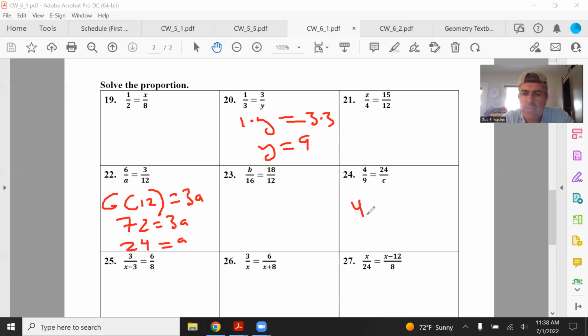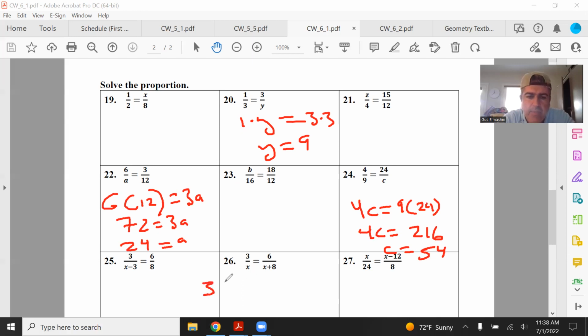Here 4c equals that. You get 216. You get 54. And then lastly for 26, and remember, we're not doing the ones down below.